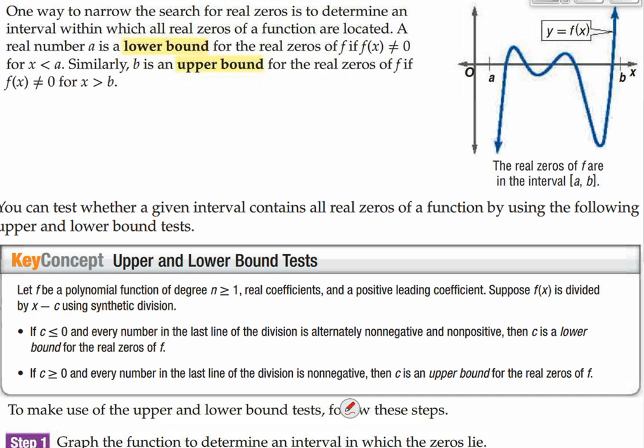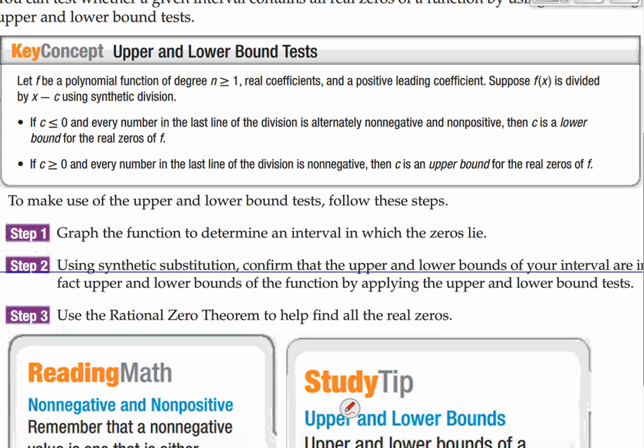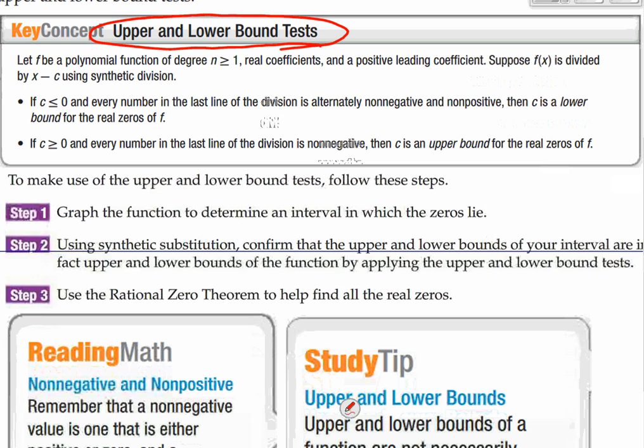It's going to positive infinity or it's going to negative infinity. So a lower bound is something beyond which there will be nothing. An upper bound, same thing. So we have a test for this, the upper and lower bound tests.